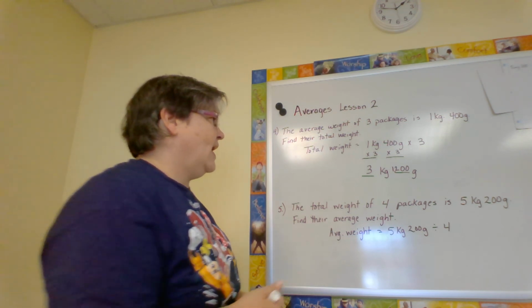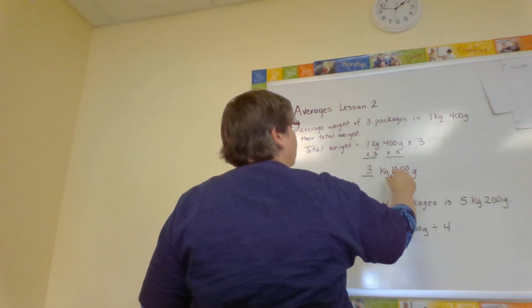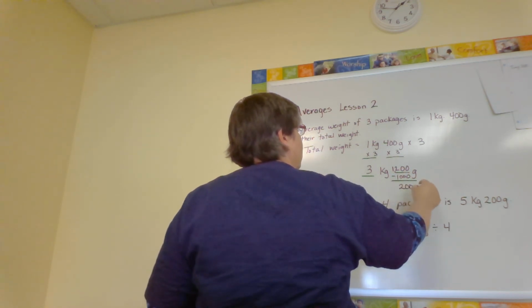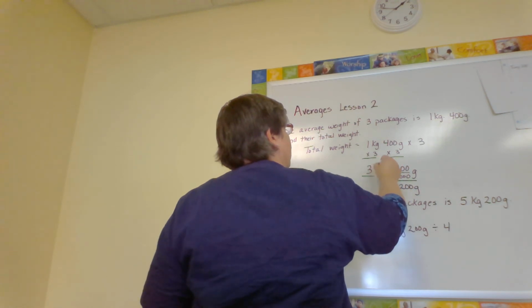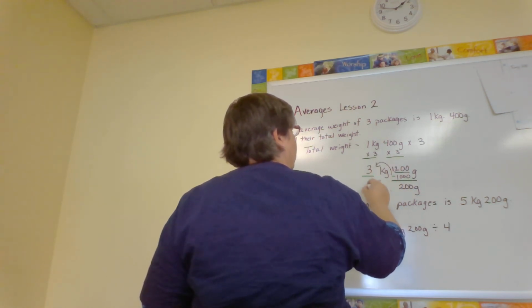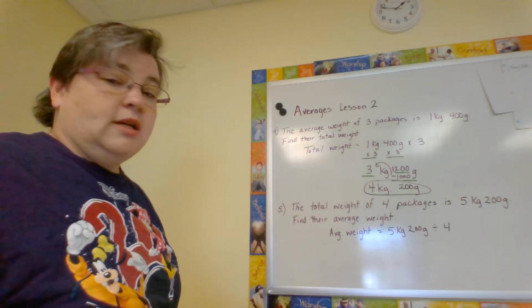So now I have, if I take 1,000 away, okay, I'm left with 200 grams here, and that 1,000 is going to be added over here. So now I have 4 kilograms, 200 grams.